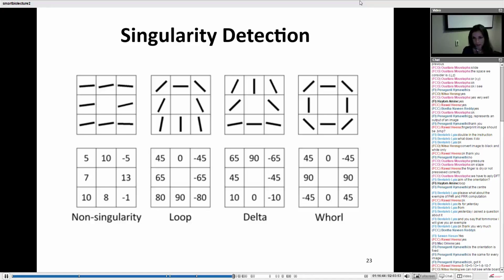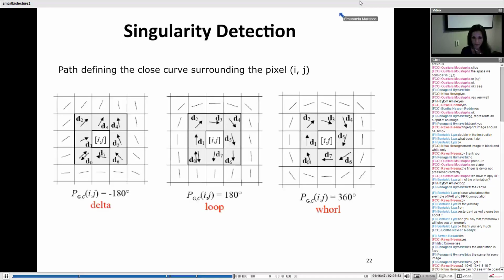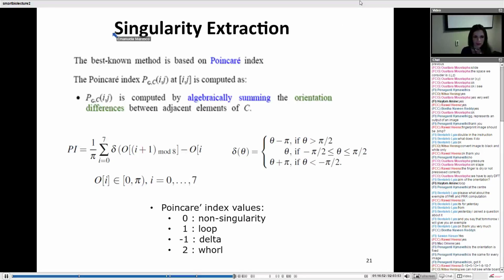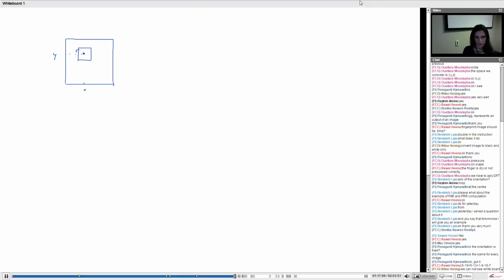Right? Now we go back to the formula, we want to apply it, and some of you can already compute it. This is the formula, right? And 0 is not singularity, so we expect to obtain 0 as a value. Now, how to apply the formula?